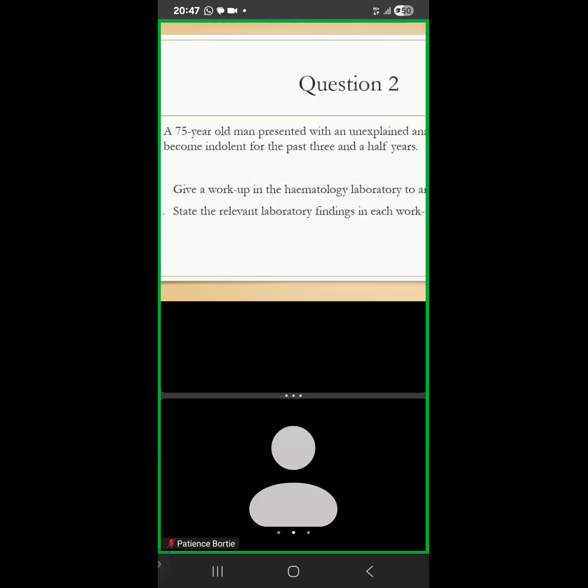Once we know it is a myelodysplastic syndrome, then we can go ahead and do the workup. So query a myelodysplastic syndrome, because we haven't done anything yet.